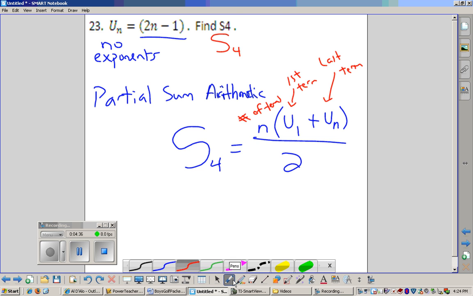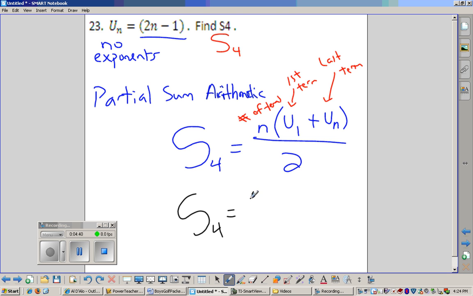Now, this problem's a little bit harder because they don't actually tell you the first term. They do tell you there's 4 terms. For the first term, you put a 1 in at the beginning of the equation: 2 times 1 minus 1, which is just 1. Plus the u sub n.